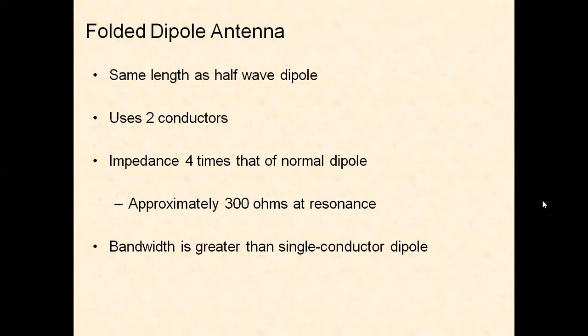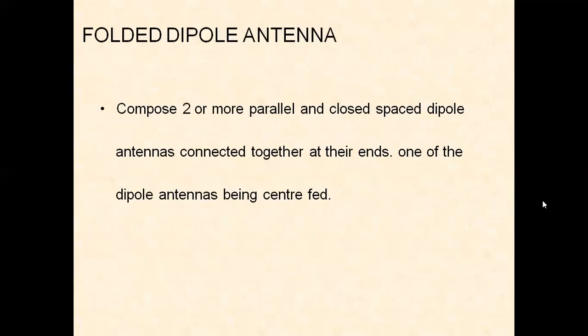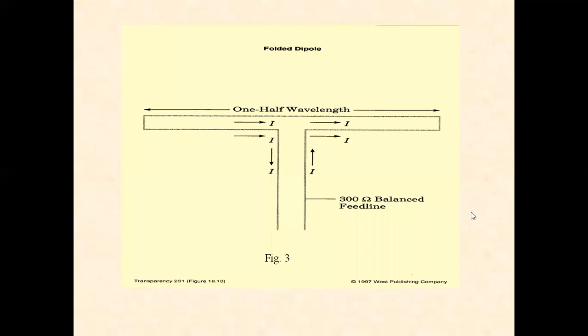Bandwidth is greater than a single conductor dipole. It is composed of 2 or more parallel, closely spaced dipole antennas connected together at their ends, one of the dipole antennas being center fed. This is the structure of the folded dipole, which is used as the driven element.